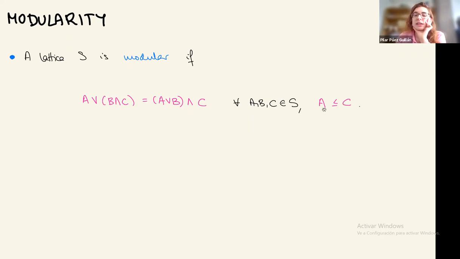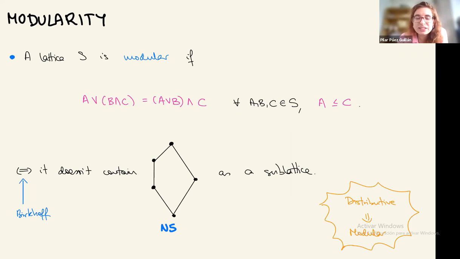I have to ask that A is less than or equal to C. In our case, we have that subalgebra A has to be contained in subalgebra C. Well, this is the definition. And again, we have this characterization of Dedekind, which says that a lattice is modular if and only if it doesn't contain the pentagon N5 as a sublattice.